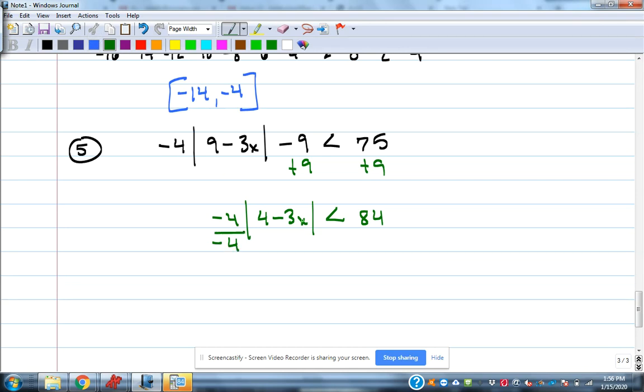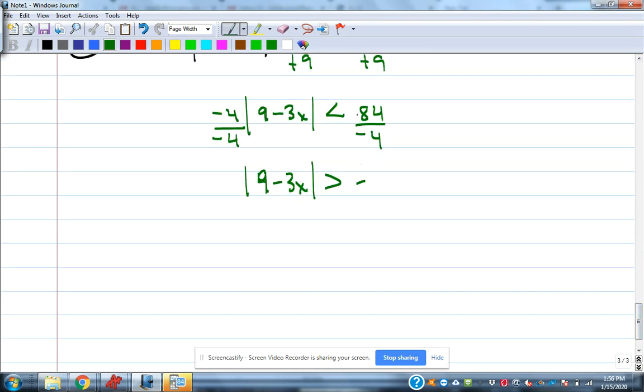Divided by negative 4. That's going to give us negative 21, or I wrote 4 for some reason. 9 minus 3x, absolute value, greater than negative 21.